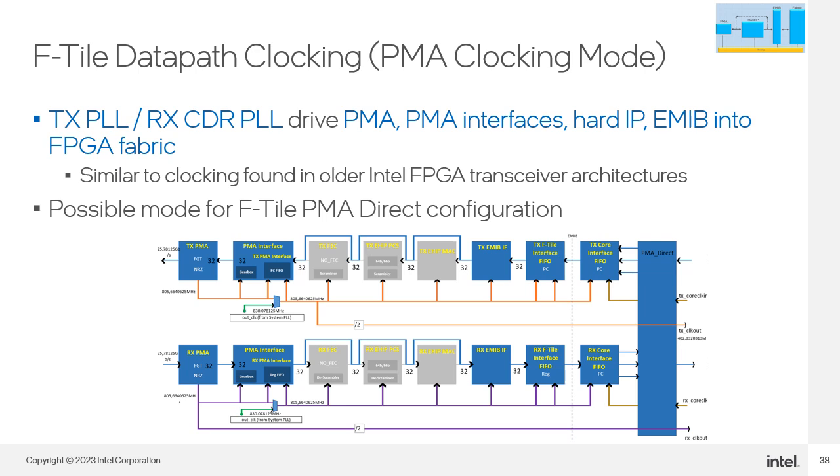So, if designers have their own protocol solutions that make use of this clocking strategy, then they can continue it in the F-Tile if they wish. In particular, this clocking mode is an option when PMA direct mode is selected and the hard IP is bypassed. Note there are data rate limitations when this mode is used.